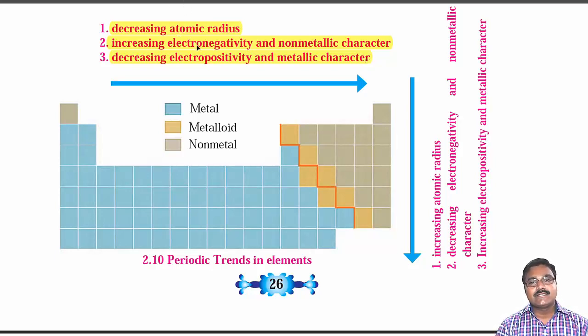Electronegativity is related to non-metallic character and electropositivity is related to metallic character. Then down the group there is an increase in atomic radius, then a decrease in electronegativity, and therefore non-metallic character also goes on decreasing, and electropositivity increases, that means metallic character goes on increasing down the group.